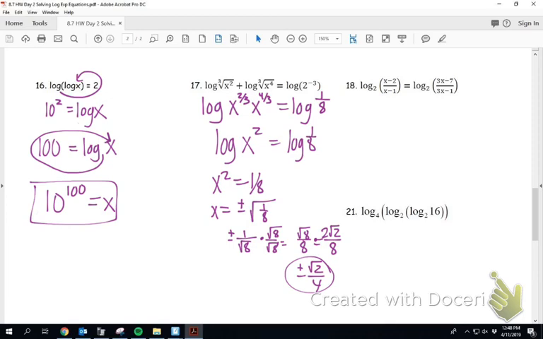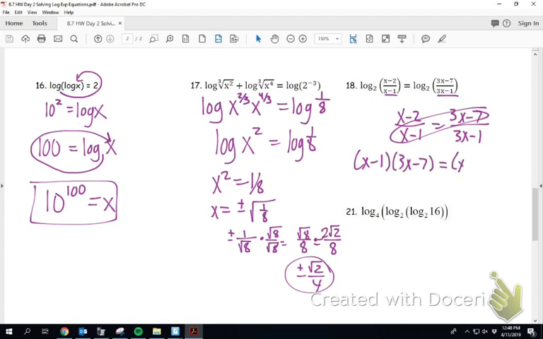Again, 18, it's pretty easy to see what to do since these logs are equivalent. I would set those equal to each other. To actually solve this, I would cross multiply. That'd be the easiest thing to do here. So if I cross multiply, I would have x minus 1 times 3x minus 7, equals x minus 2 times 3x minus 1.